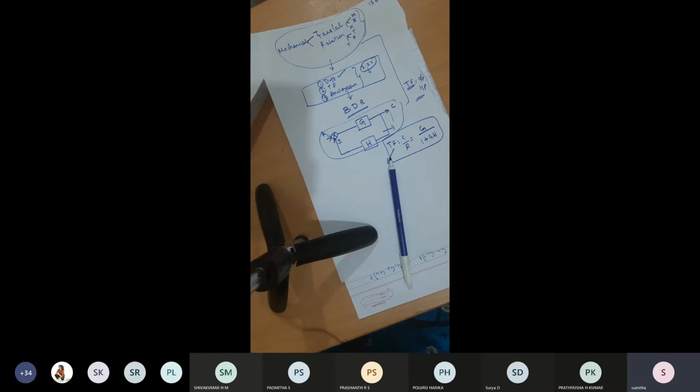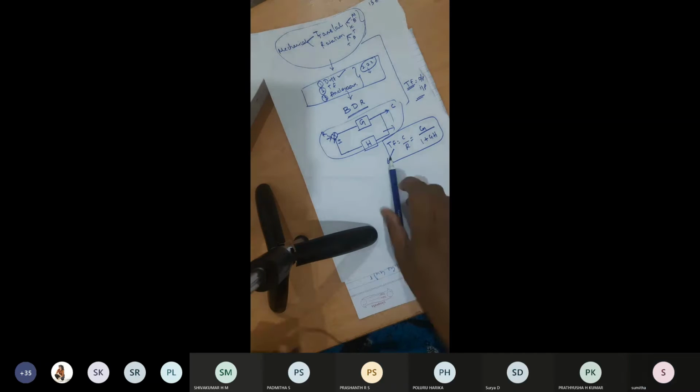Summing point was there, takeoff point was there. Then we had two inputs, one output. Then we did another problem where we had two inputs and two outputs. As we started in this block diagram also, we started facing some problems because the number of blocks increases. We were feeling difficult to reduce it.